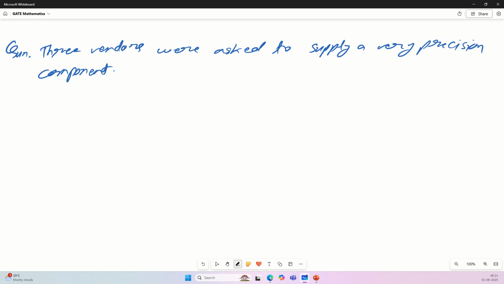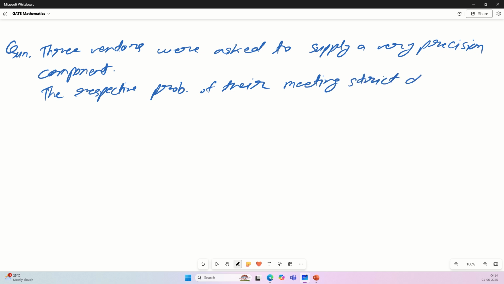The respective probabilities of their meeting strict design specification are 0.8, 0.7, 0.5. Each vendor supplies one component.